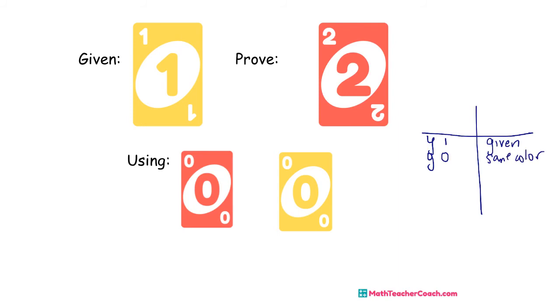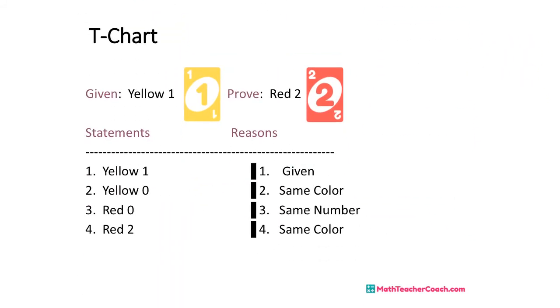Then we can play the red 0 because it's the same number. And finally, we can play the red 2 because it's the same color again. All right, it's just that straightforward.